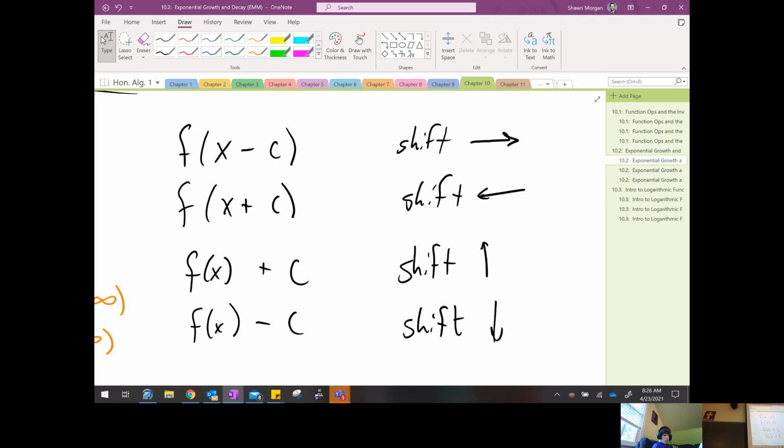When you think a plus would shift to the right, it actually shifts it to the left. A minus on the inside shifts it to the right. A plus on the outside shifts things up. A minus on the outside shifts things down. That is the way that you would think that it is. So again, I would write those 4 things down. Don't make me hold your hands as far as note-taking. If you see something good on the screen, write it.